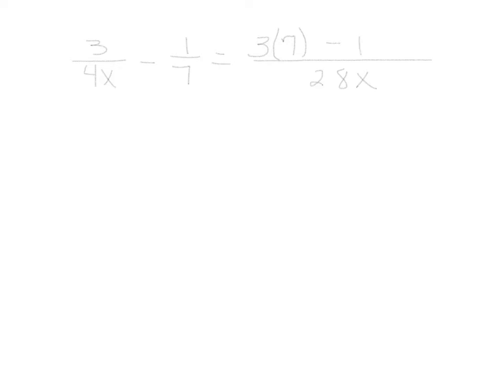We have minus 1 for our second fraction. Ask yourself, how many times does 7 go into 28x? The answer is 4x. So we multiply our 1 times the 4x.